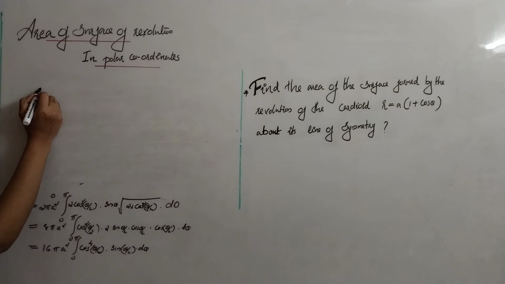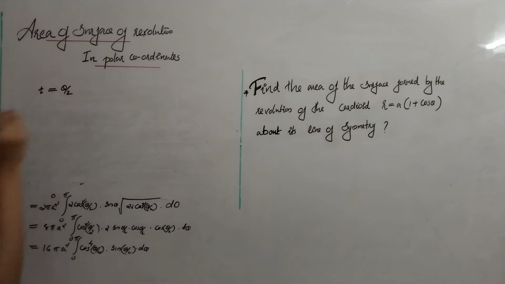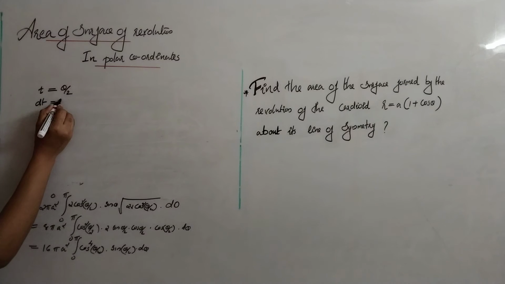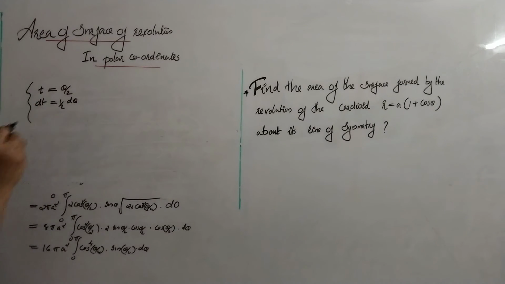Now I am putting t is equal to theta by 2. Then what is dt? dt is 1 by 2 into d theta. Here I am changing the integration from d theta to dt.